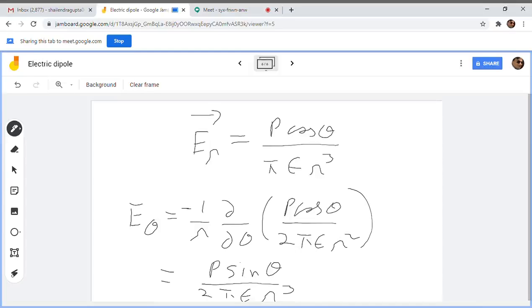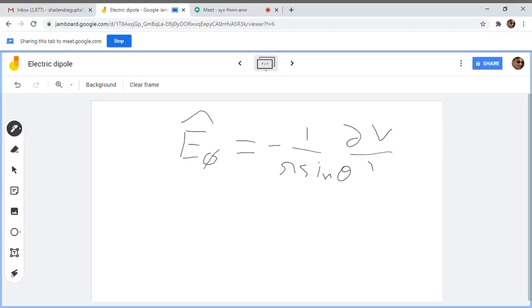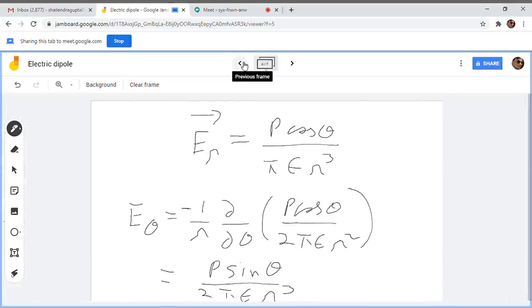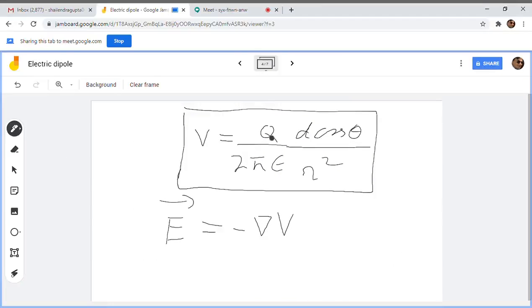Okay. And will there be any E phi component? If you see, we need to calculate here 1 by r sin theta del v by del phi. So v should be a function of phi. Let us see, is v a function of phi? So v is not a function of phi.